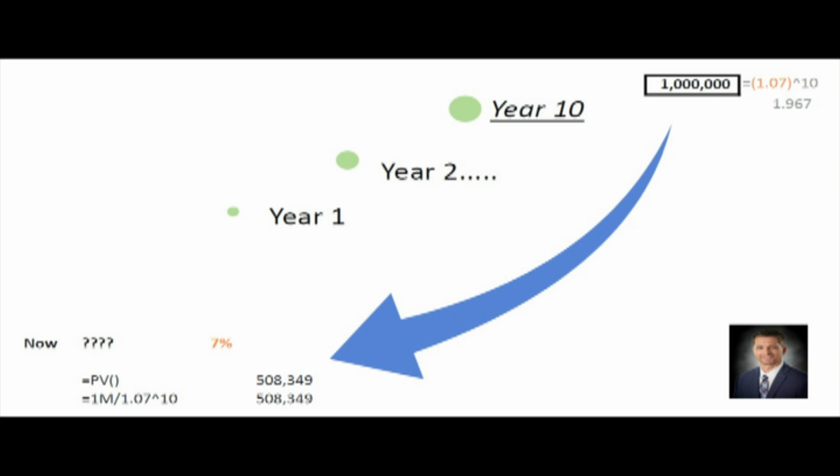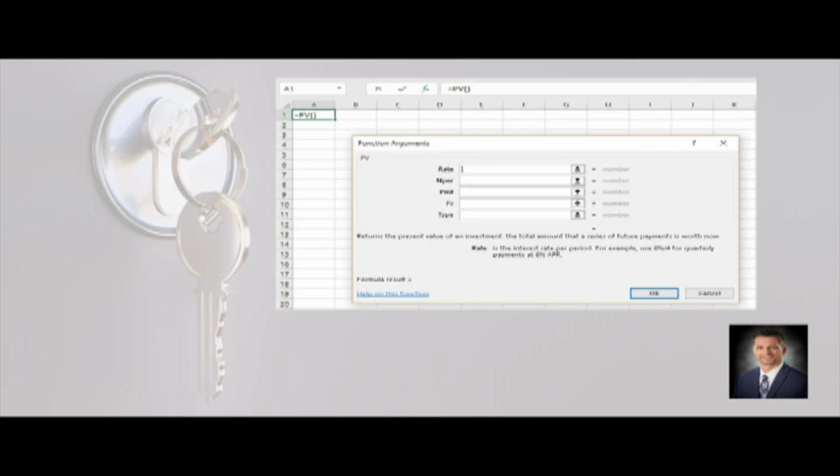Now, with Excel, again, in the previous webinar, there was a function called present value. So if you type into Excel equals PV, you will have a little pop-up help screen that Excel gives to you. The rate here in this example would have been 0.07 for 7%. The number of time periods that this compounding is happening would be 10.